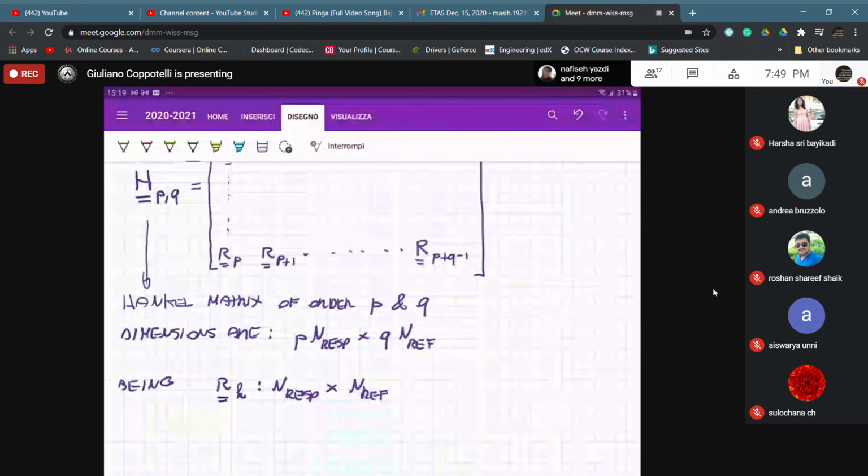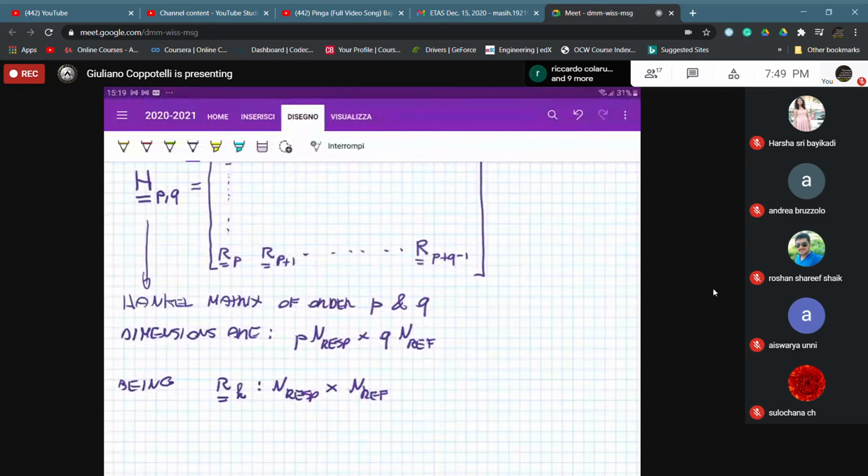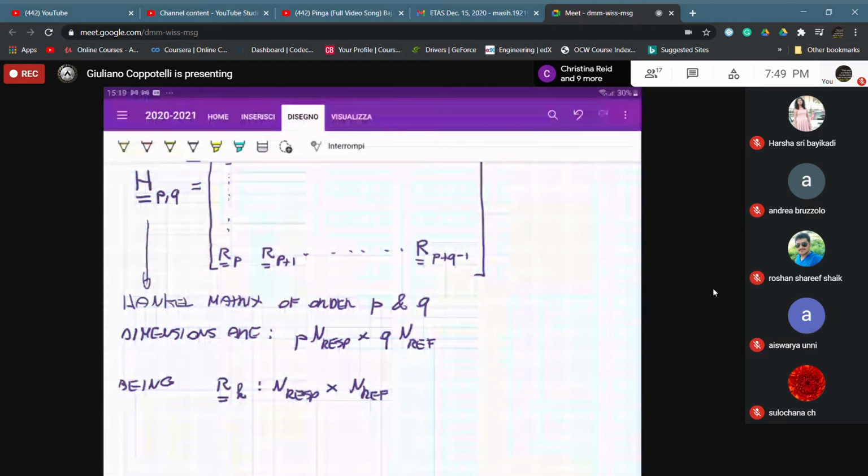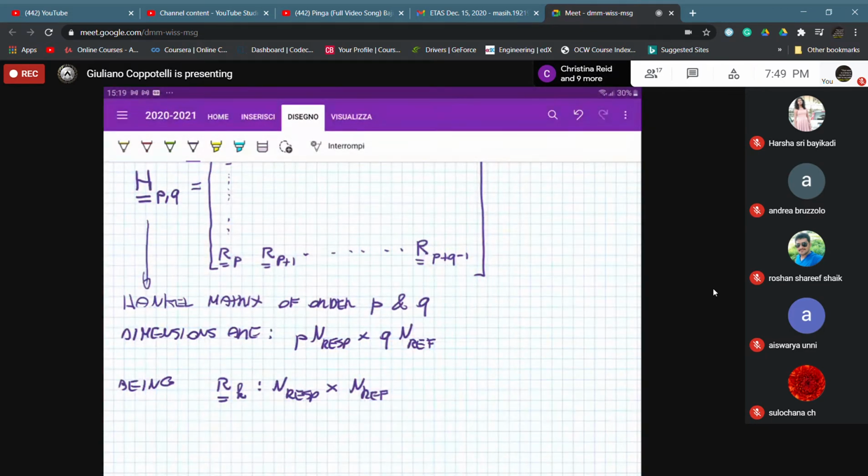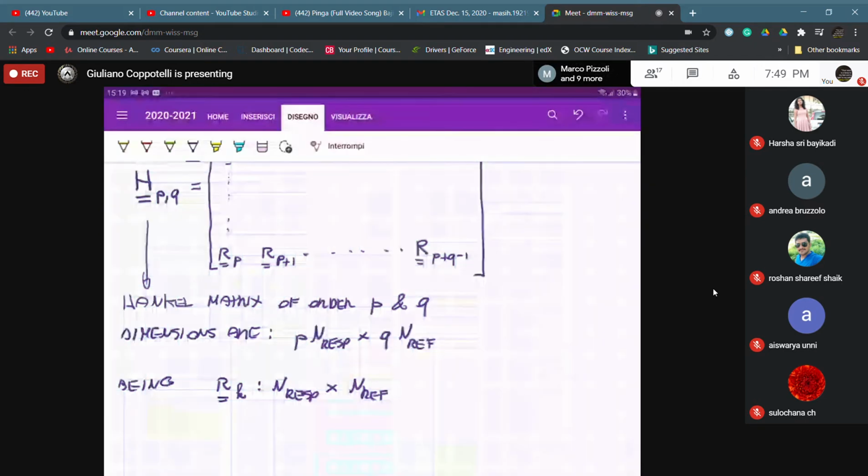For example, if you are evaluating the vertical bending of a flying wing, maybe you can have just 1 degree of freedom, that is your reference channel, for example, the wing tip channel. Maybe you can have 2 reference channels that are measuring the vertical acceleration, one at the leading edge, the other one at the trailing edge, so you have 2.